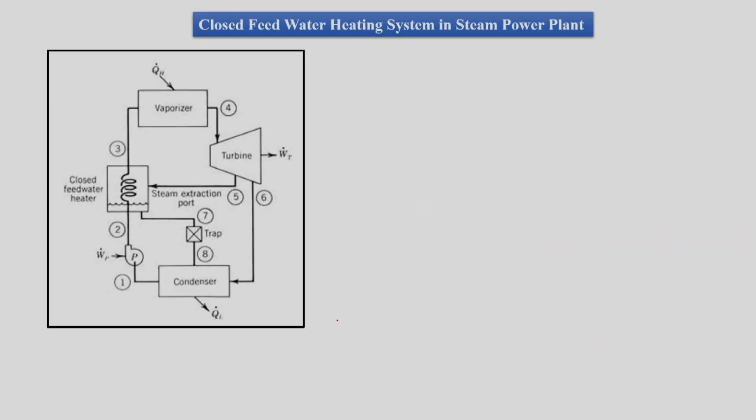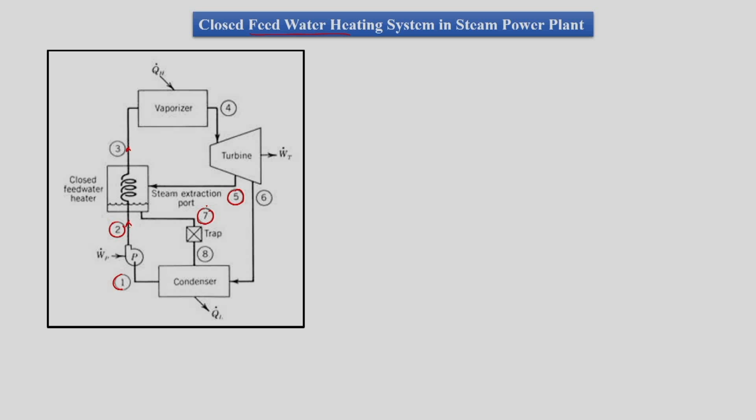Then the other option is we can have a closed feed water heater. In the closed feed water heater, we have a pump from 1 to 2, and then we go from 2 to 3 due to feed water heating. There is a feed water heater, but it is closed type. What do we mean by closed type? We have water rising its enthalpy from 2 to 3, where steam is dropping its enthalpy from 5 to 7.